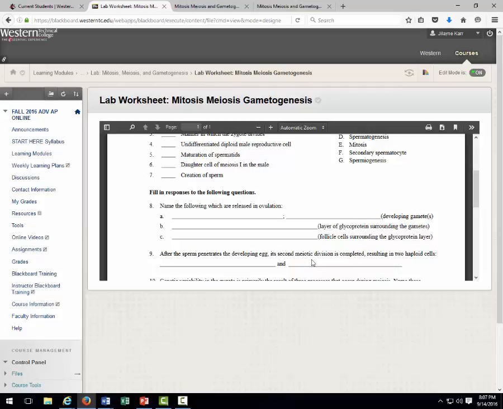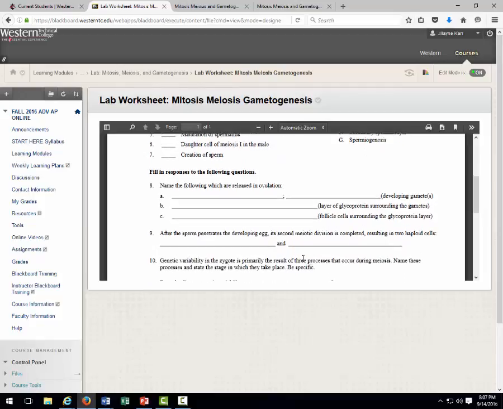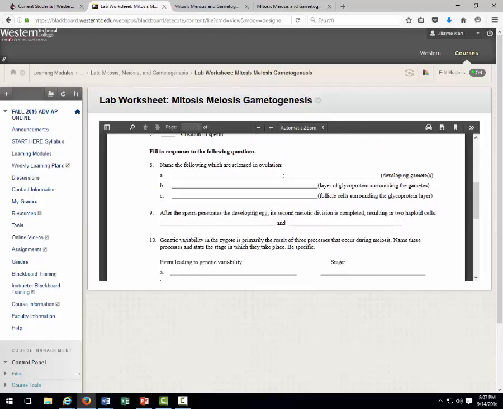Follicle cells surrounding that layer: corona radiata, yes. After the sperm penetrates, it completes the second division, resulting in 2 haploid cells. What is that cell called after it's been fertilized? Ovum, and the other cell is the second polar body.